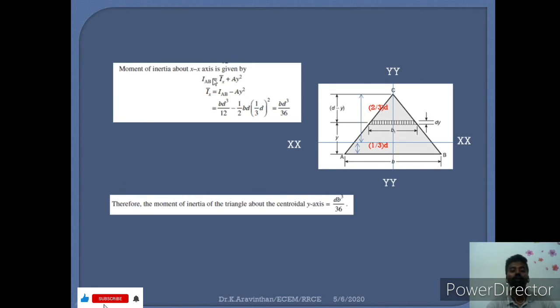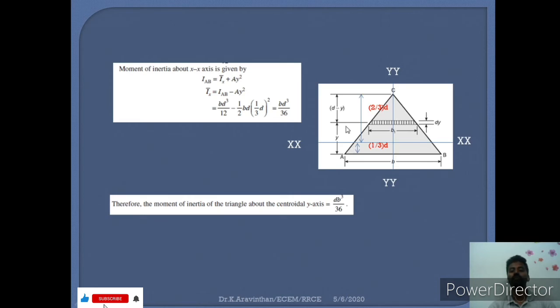And if you need moment of inertia of x-x axis, you have to use this formula. This is the parallel axis theorem formula. You know the moment of inertia of the reference plane of AB, and you know the area and y square. The only unknown is Ix bar. So while taking this outside, we know IAB is bd cube divided by 12 minus the area, here the total area of the triangle.